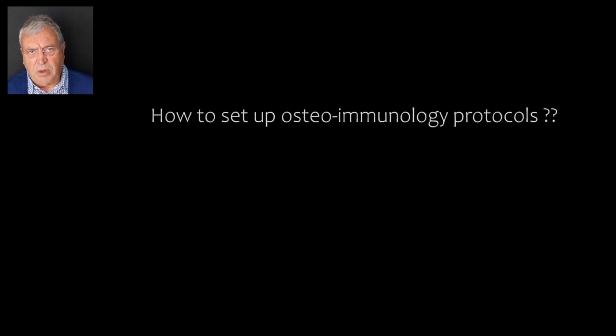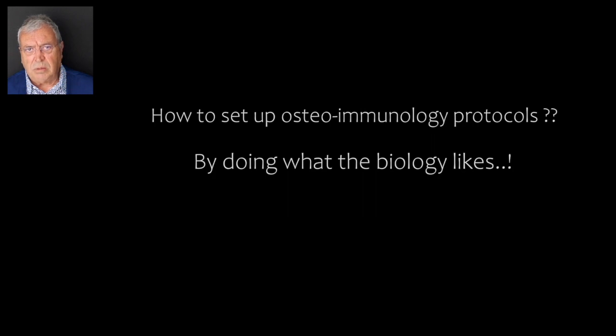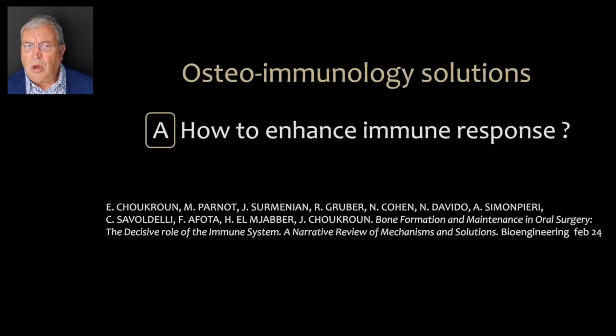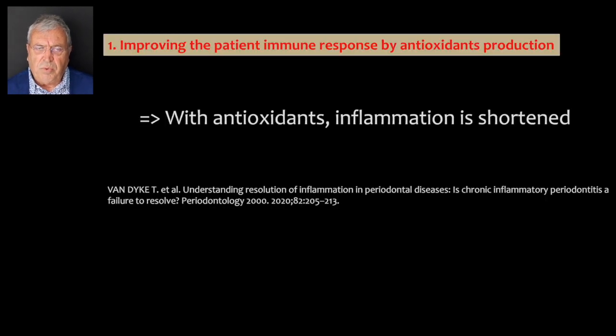How to set osteoimmunology protocols? Because we need to propose some protocol. For us, it's very easy. We just do what the biology likes. That's it. How to enhance immune response? We know that if we want to do that, we need to increase the antioxidants in order to shorten the inflammation.